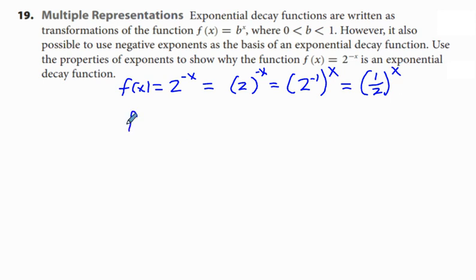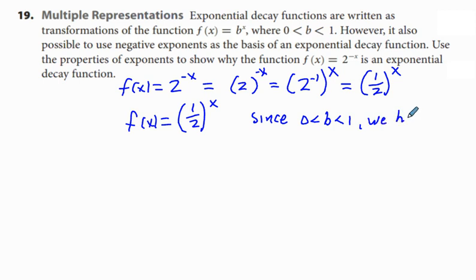So we have f of x equals 1/2 to the power of x. And so since b is greater than 0 but less than 1, we have an exponential decay function.